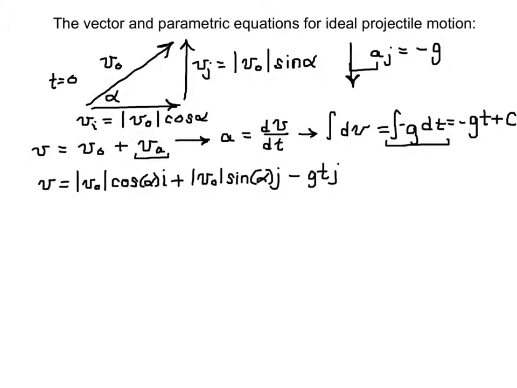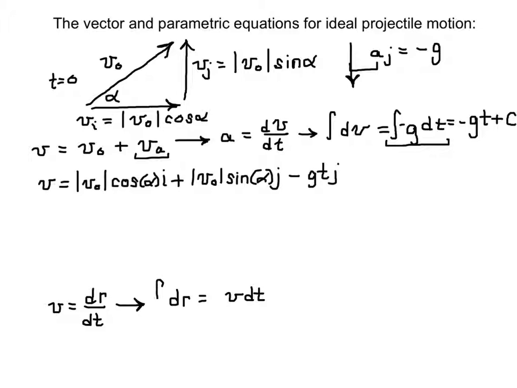Okay, now we want to look at the relationship between velocity and our location. And we know that the velocity is our change in distance, r, with respect to time. So from this, we can say that a little bit of change in distance is equal to our velocity times a little bit of change in time.